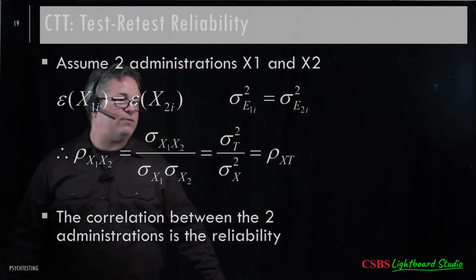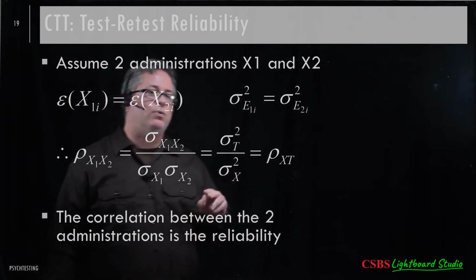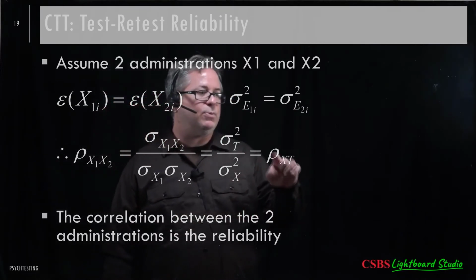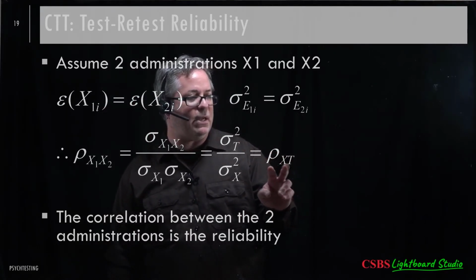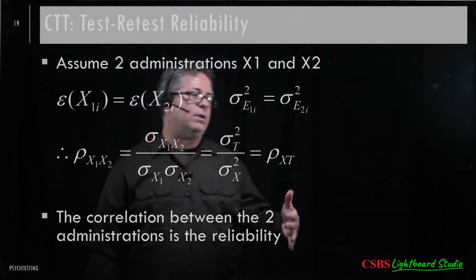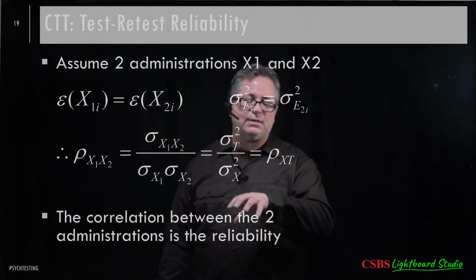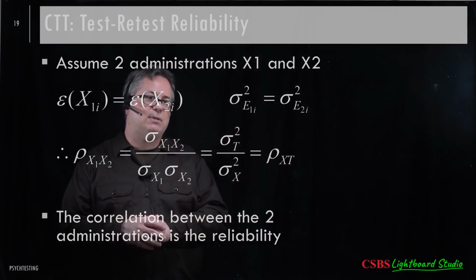So that's a fancy way of saying if I correlate the two administrations, the degree of correlation between test and retest should be capturing the true score and give me an idea of how reliable it is, not only across time, but what percentage, what amount of the true score that scale is actually measuring, by just simply looking at the same test twice.